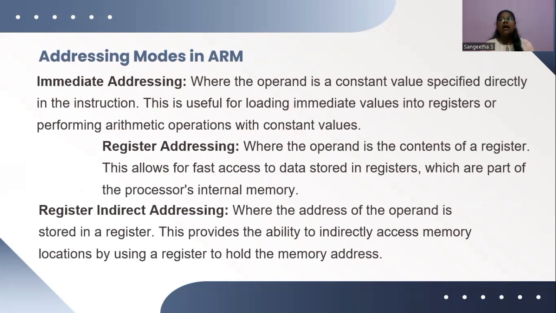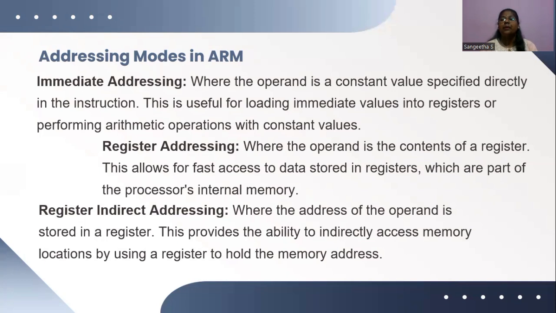For example, if I give ADD R0, R1, whatever values I have given to the R0 register and R1 register are added and stored in another variable. Or if I give ADD R0, R1, R1, it adds R0 and R1 and replaces R1 with the addition. So here I'm giving the value directly in the instruction. So this type of addressing is known as immediate addressing.